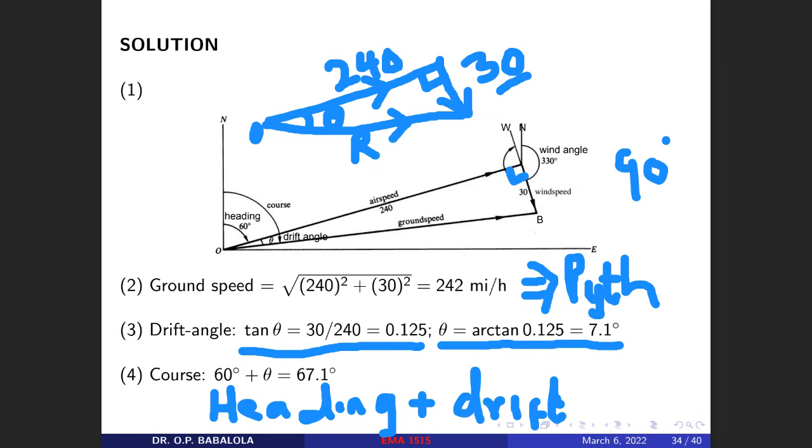We can calculate 360 minus 330, that's 30 degrees, and you have this heading angle 60, which forms 90 degrees.